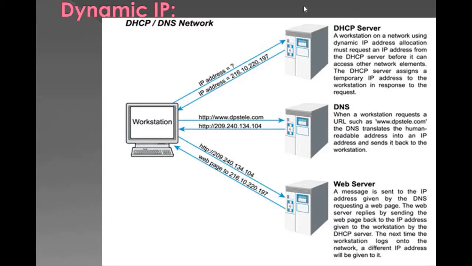This is how a dynamic IP address works along with your DNS network or static IP. This diagram basically combines the use of static IP address and dynamic IP address.